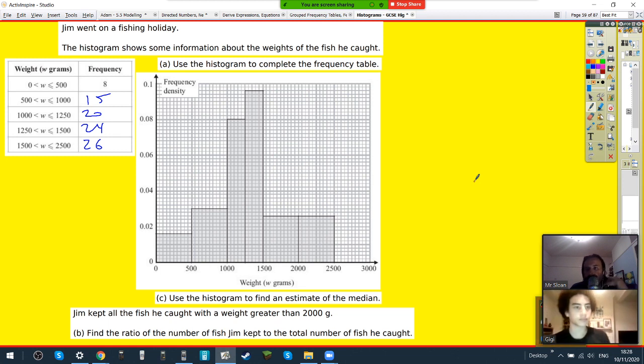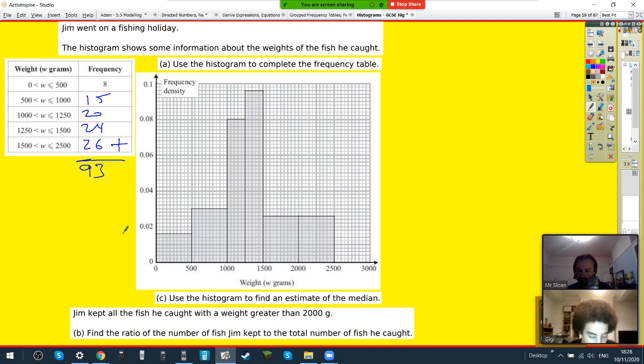That's estimated mean. Oh, so do we add all of the frequencies together first? Yep. It's 93.